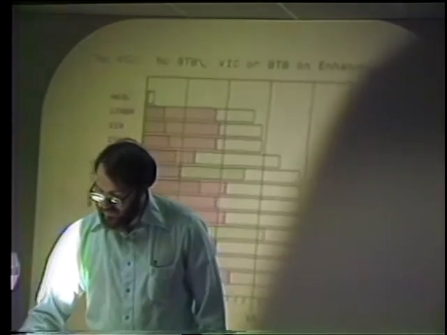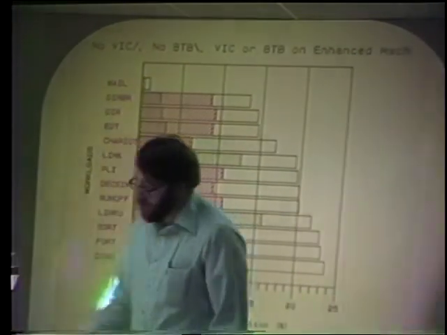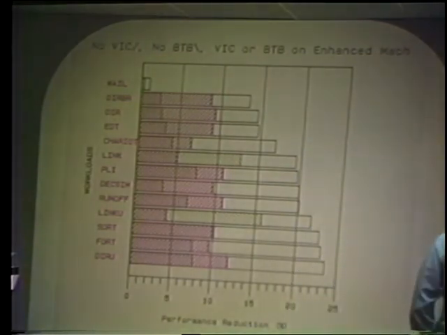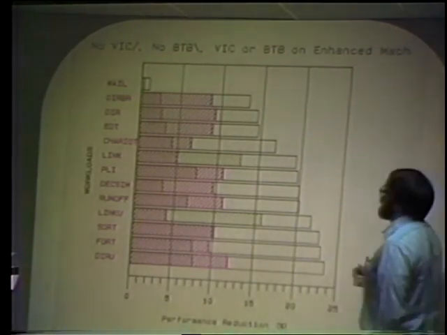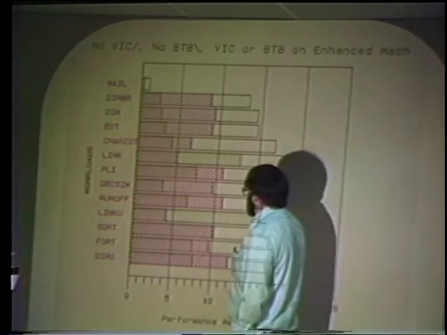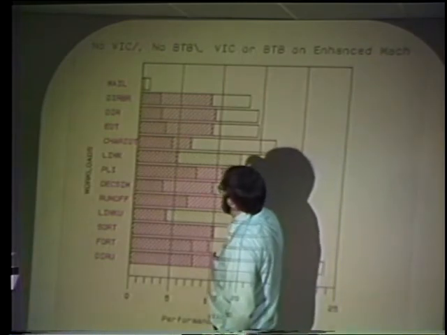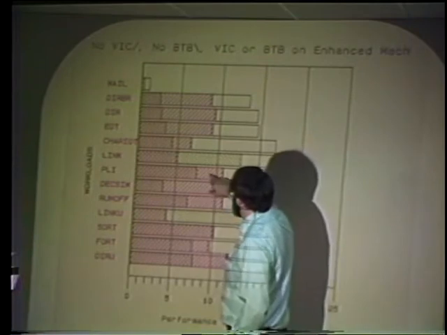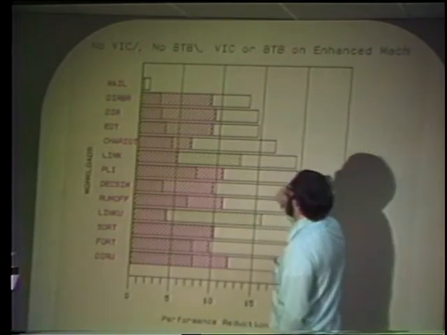This particular slide may be a little bit confusing. There are now 3 experiments, performance results on this slide, corresponding to the enhanced machine without the virtual iCache, and that is the crosshatch set of lines that are going upwards. They're starting from 0.